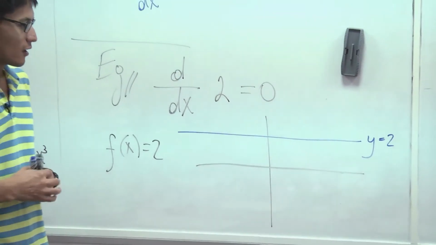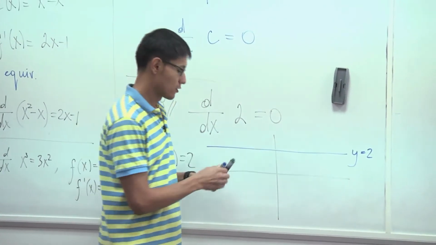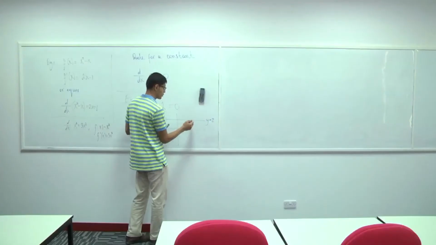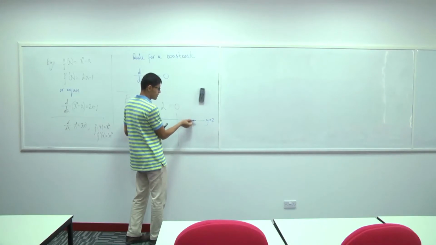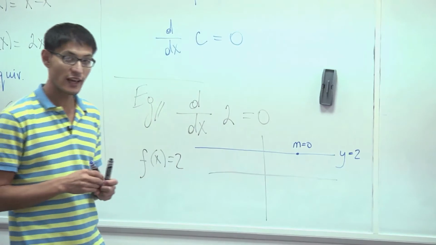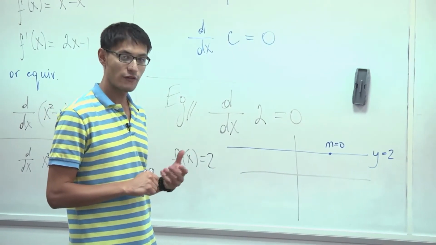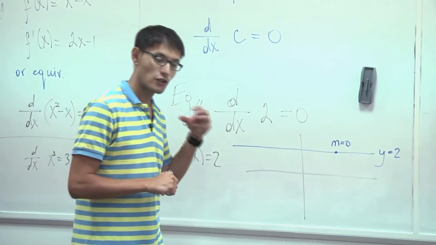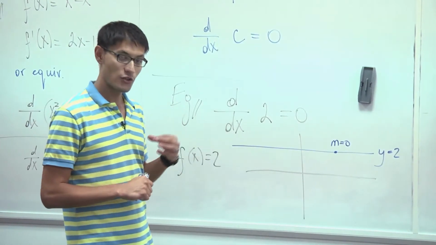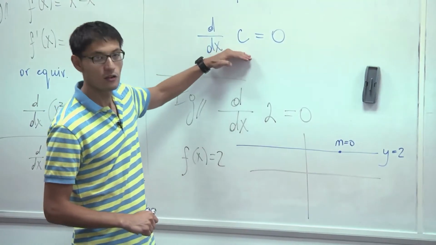And you see that the slope of the graph is equal to 0 because at any given point on the graph, the angle is 0. So the slope is always 0. And we said that the slope of the graph is equal to the derivative of the function. So if the slope is 0, then the derivative is also 0. That's the main idea for this rule.